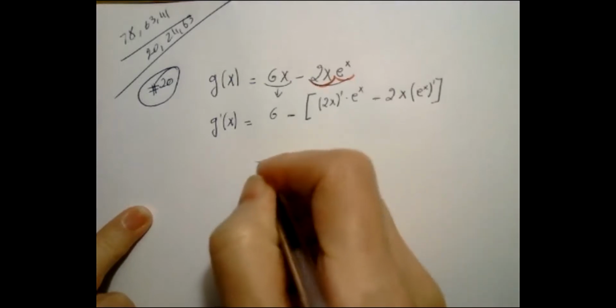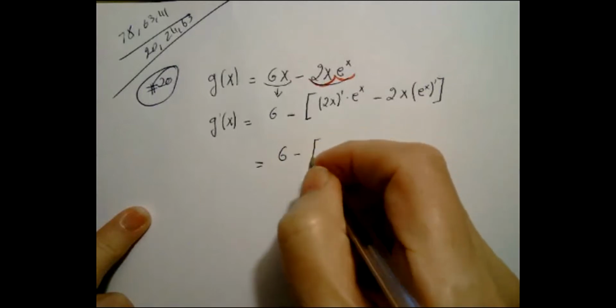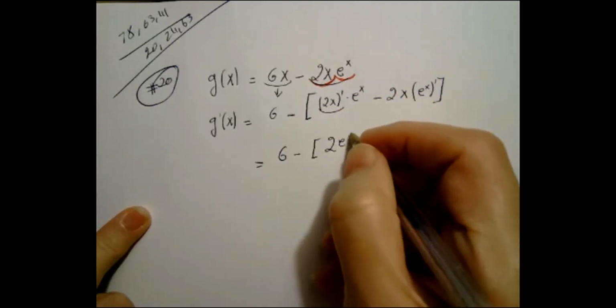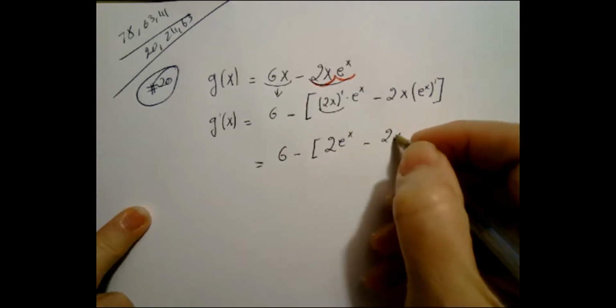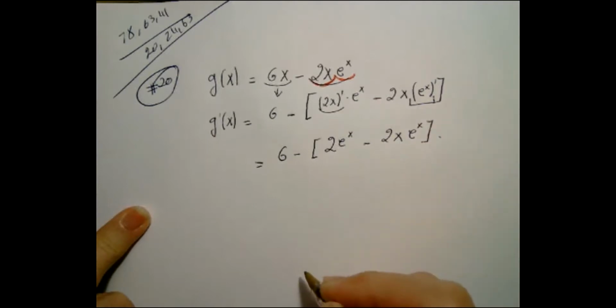Okay, so let's do that. That's equal to 6 minus the derivative of 2x is 2, e to the x minus 2x. The derivative of that is e to the x.